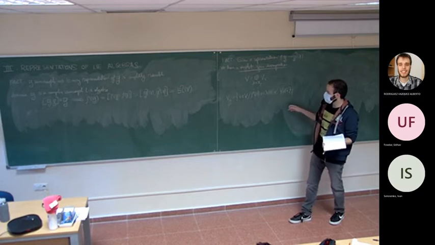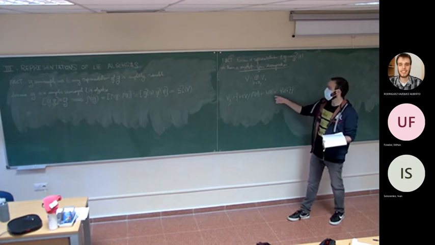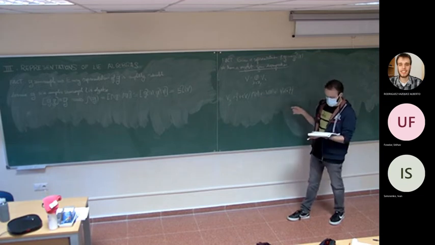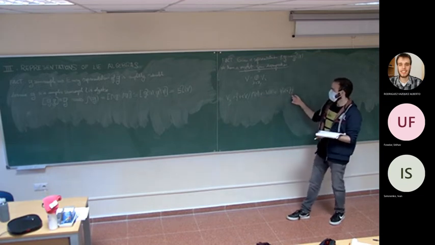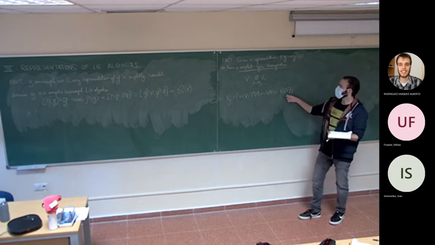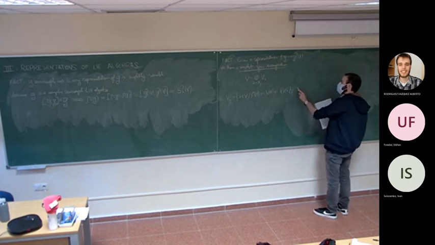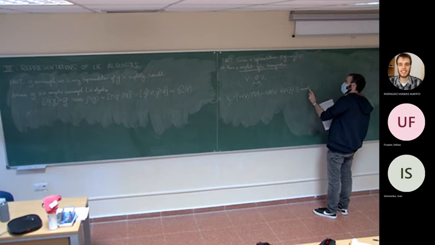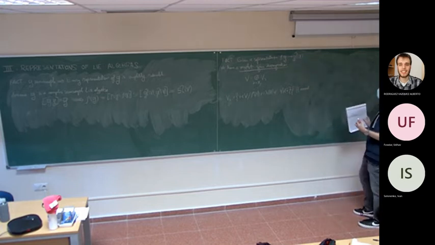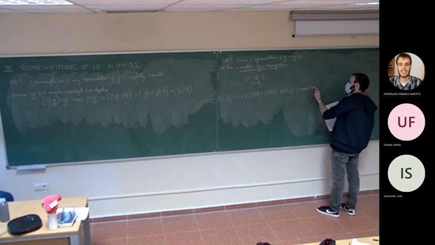We say that V lambda is the set of all vectors that are eigenvectors for all transformations of any maximal Toral subalgebra, with eigenvalue the value of the linear form on the elements. So this should remind you of the roots in the case of the adjoint representation.